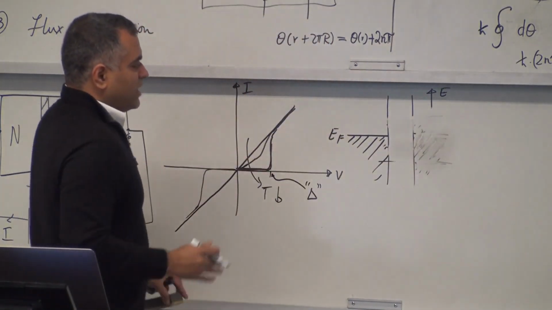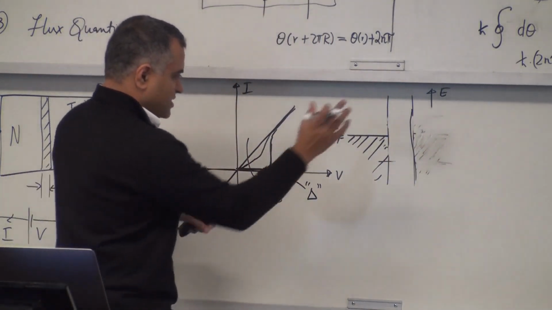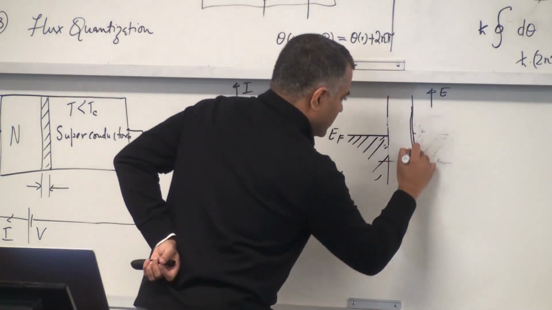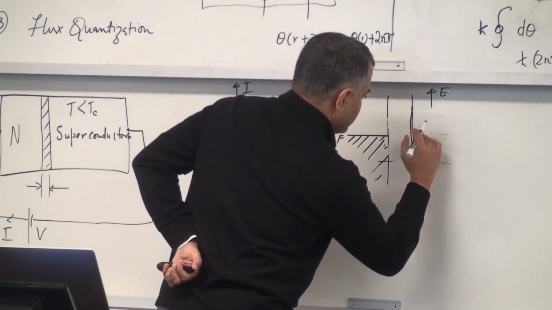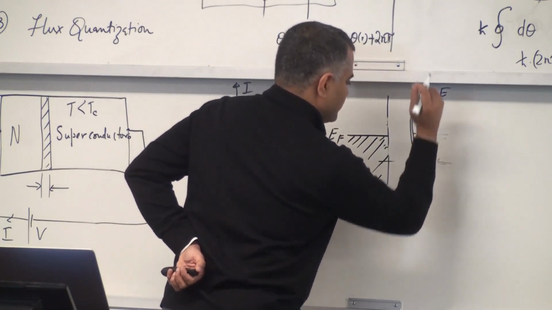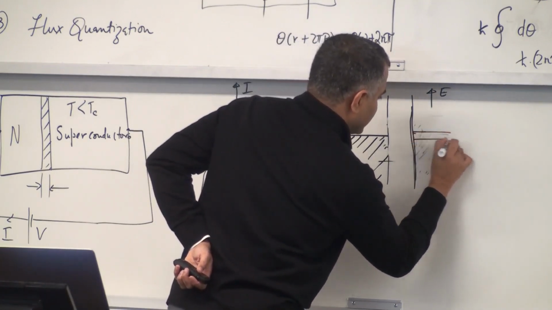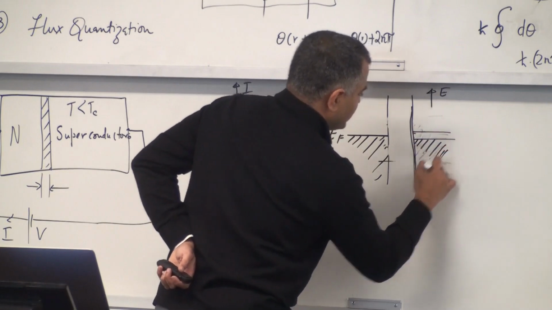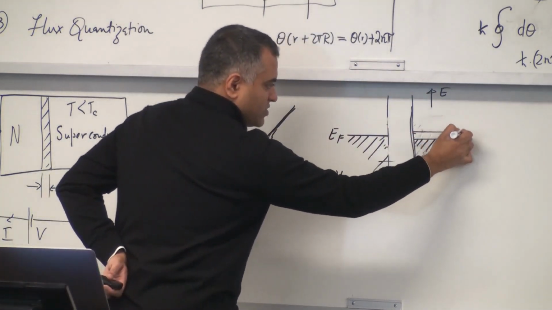But now, when you go below TC, for the superconductor side, what he was able to recognize is that instead, basically at the surface or the highest energy levels, there's a formation of a gap, and the gap energy is delta.